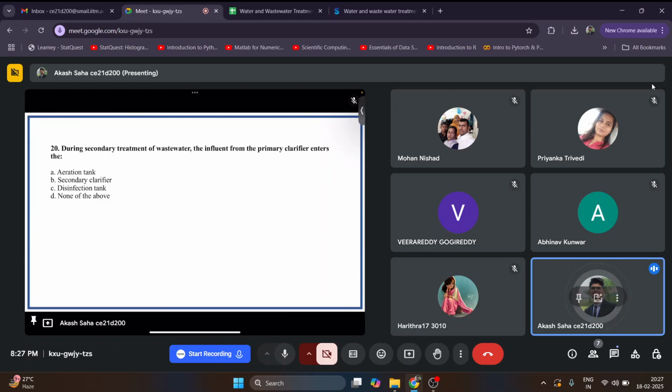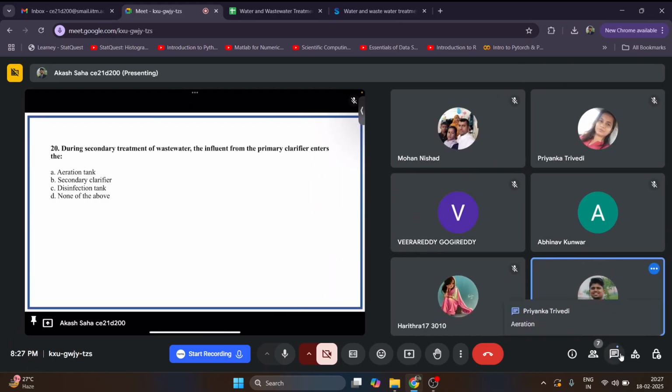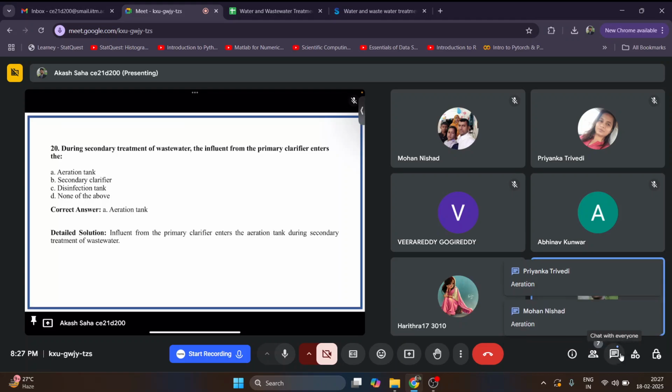What will happen first in the secondary treatment? Secondary treatment means biological degradation. For biological treatment, what is required? Oxygen. So for oxygen, where will it go? It will go to the aeration tank. So that's why A is the correct answer.